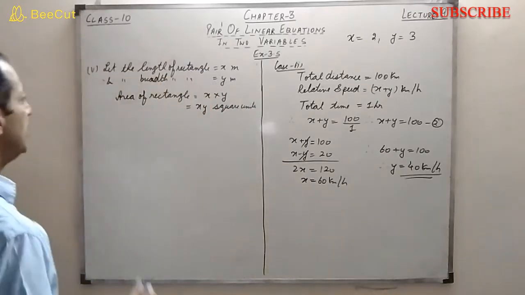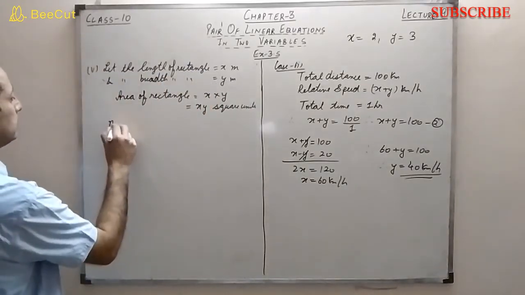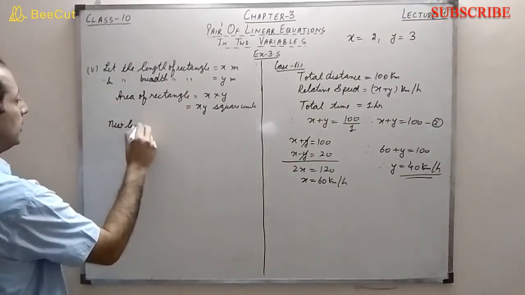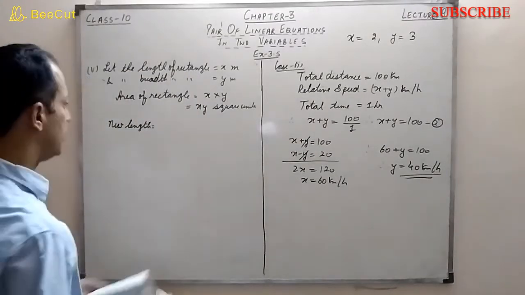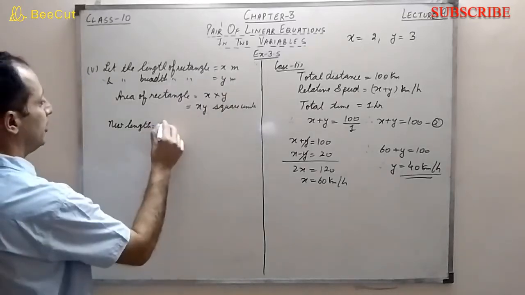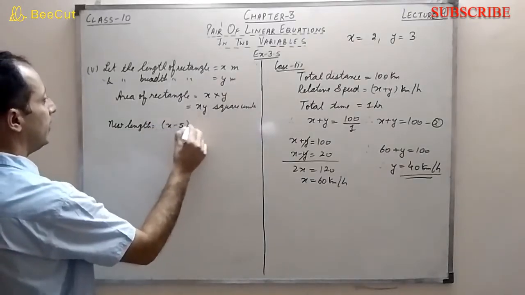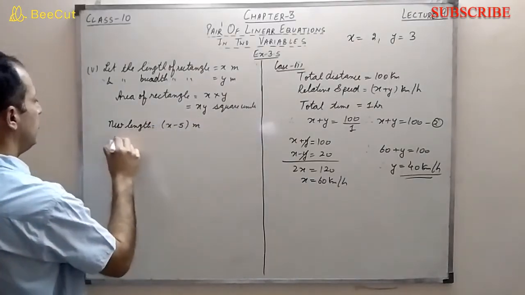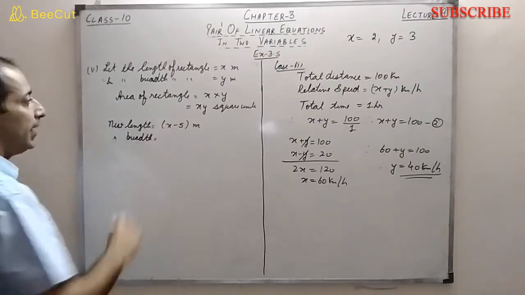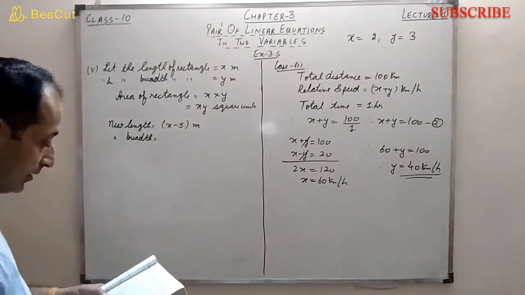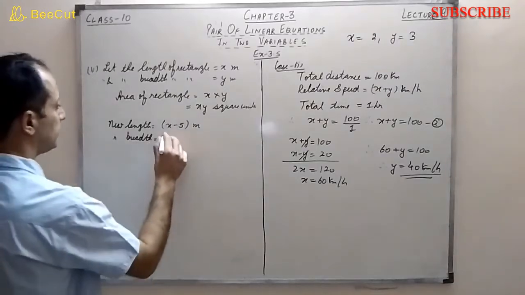So I write the new length. The new length is given as reduced by 5 units. Earlier the length was x, now the new length is x minus 5 meters, and the new breadth is increased by 3 units, so that is y plus 3.